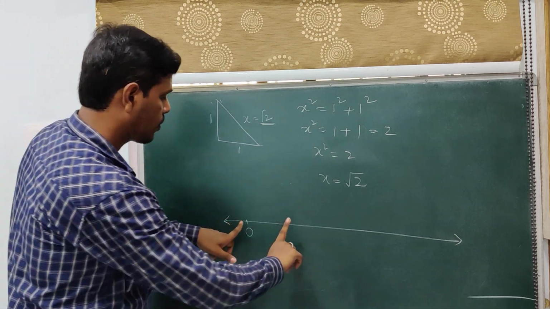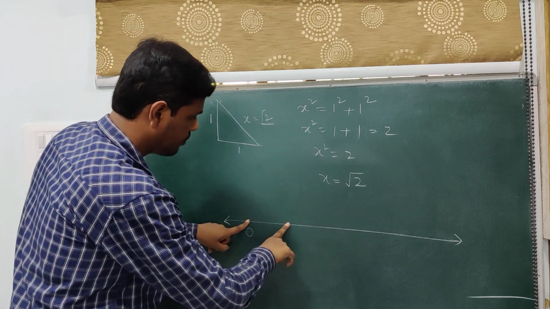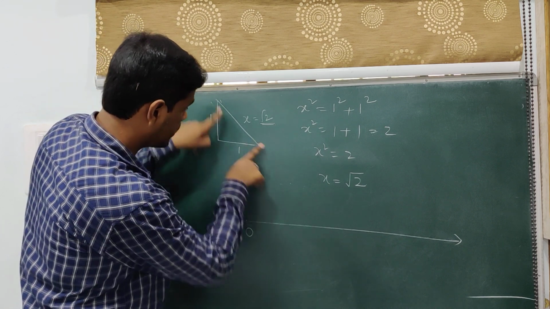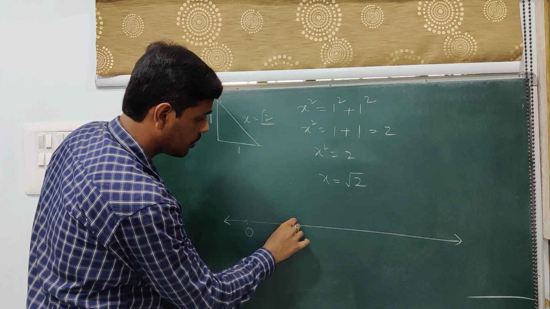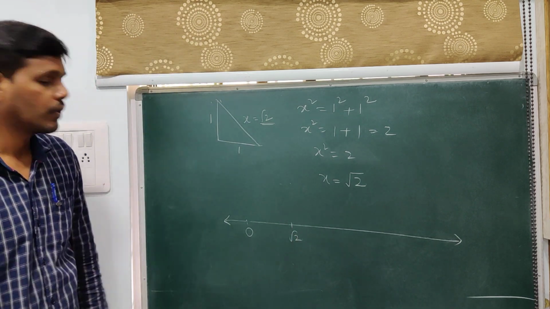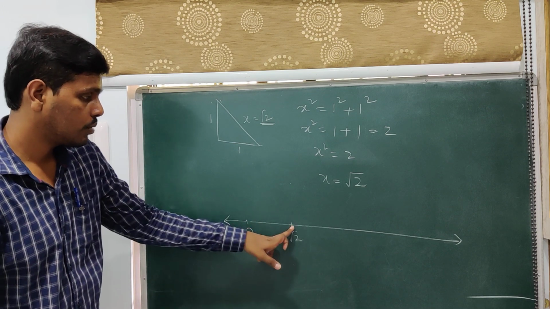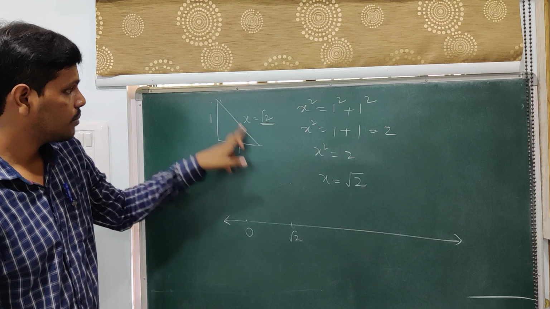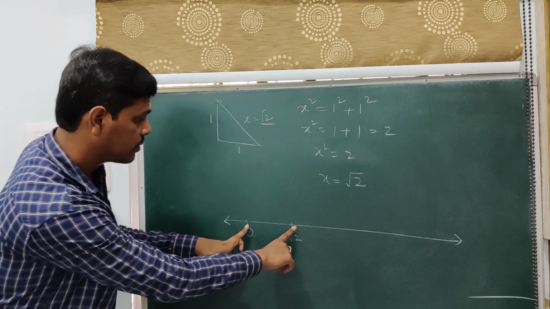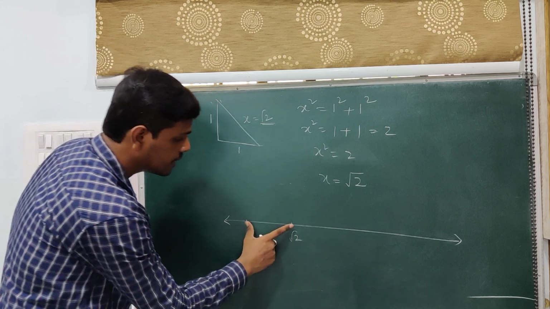So, say this is somewhat of this kind and I am taking the same length somewhere over here. Now this is your root 2. I have chosen this point. From this point to this point, the length is same as this. So that is the reason I have assigned this point as root 2, which means that this length is root 2.